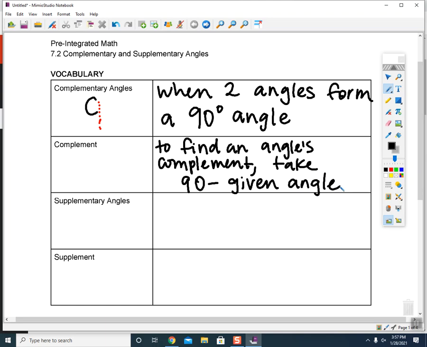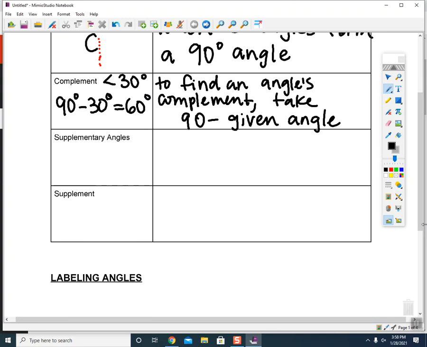If I was given a 30-degree angle, I would take 90 degrees minus 30 degrees to give me 60 degrees. So the complement to a 30-degree angle is going to be a 60-degree angle, and that's going to be the only one. The complement to 30 degrees is always going to be 60 degrees.